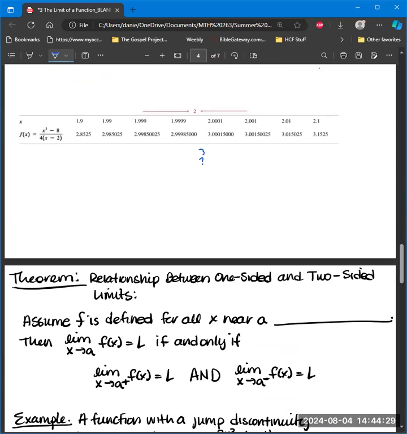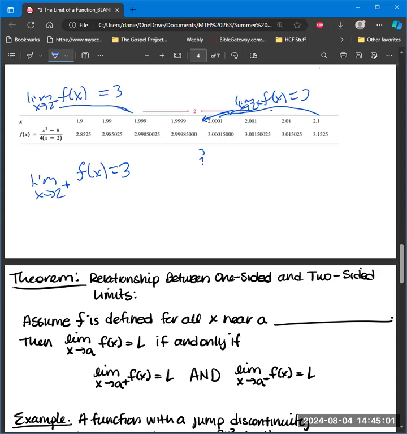From the right is from this side here, coming this way. It looks like I'm squeezing in on 3 from this side. And this is the limit as x approaches 2 from the left, and that also appears to be approaching the value of 3 as I come from the left.